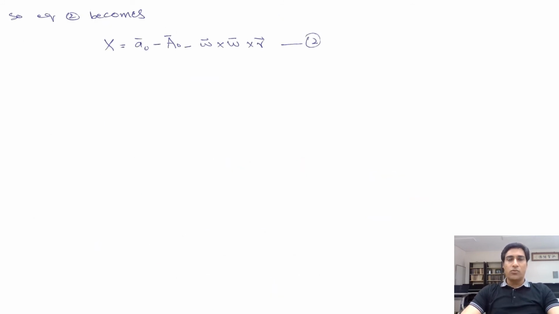Now equation 2 becomes, based on that simplification, A equals 3 omega square cos theta i unit vector plus 2 omega y dot i unit vector minus 2 omega x dot j unit vector.